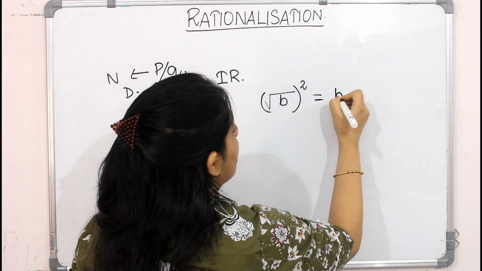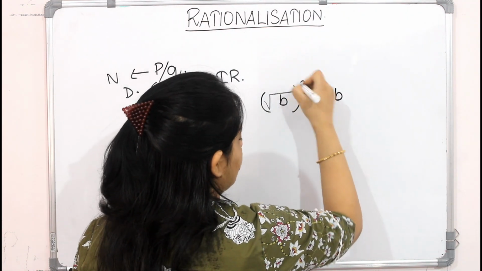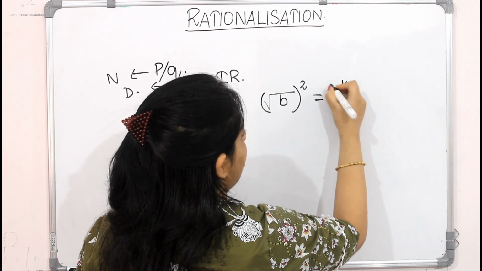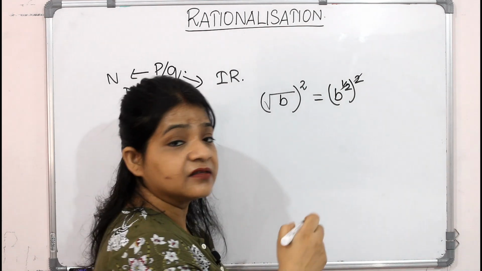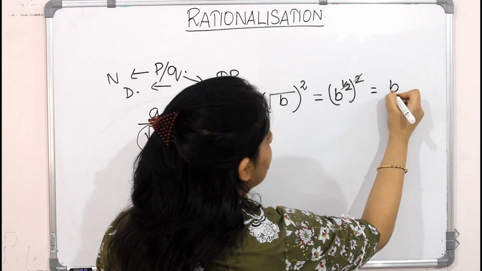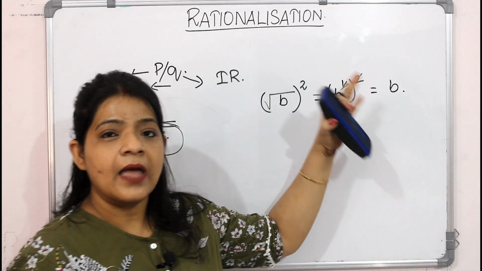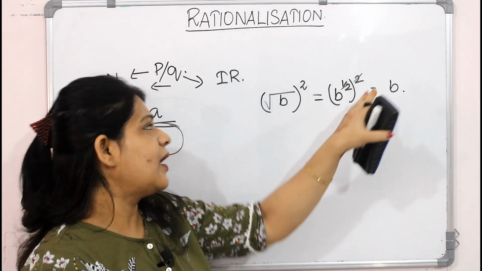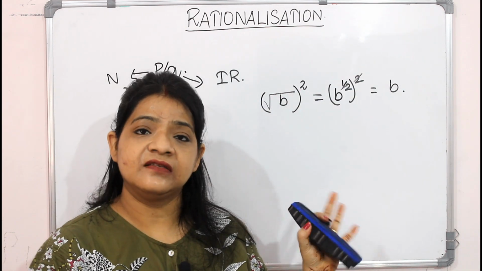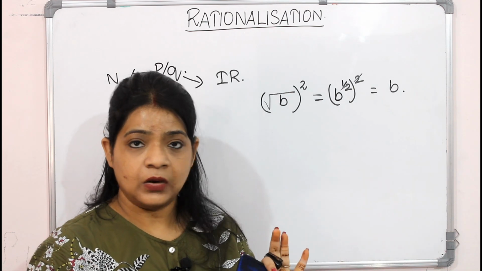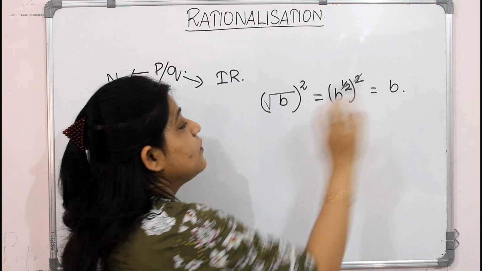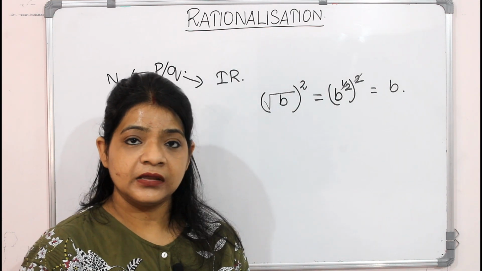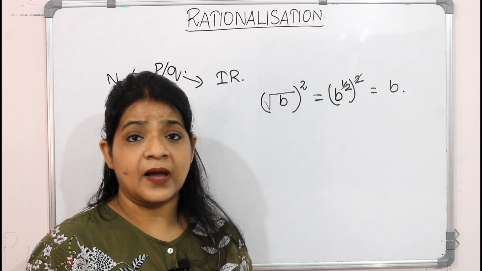See, the power of a root is half, and the other power is 2, so the powers cancel. Ultimately you are left with only b. I am not assuming any number, I am considering just b, so root b is an irrational number. Now see how easily you can remove the root. Yes, you can remove the root by this method.